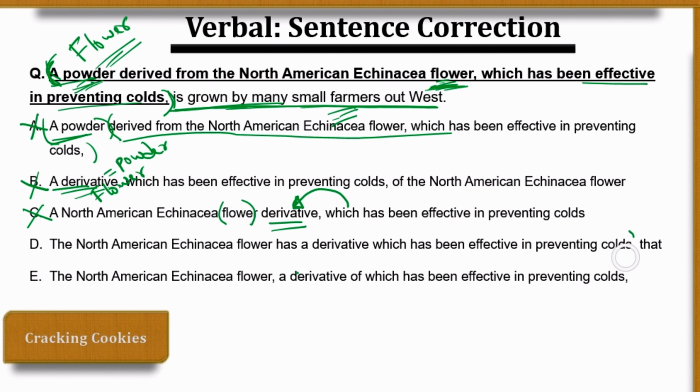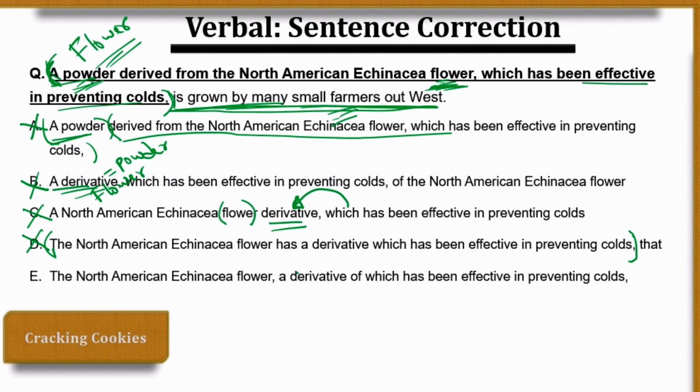This is actually a whole sentence structure, and we need just a phrase, not a whole sentence structure to precede this portion of the question. So this is going to be a wrong answer.